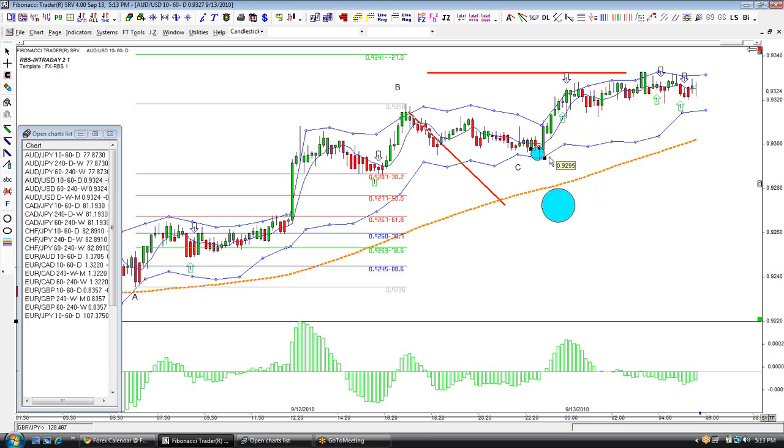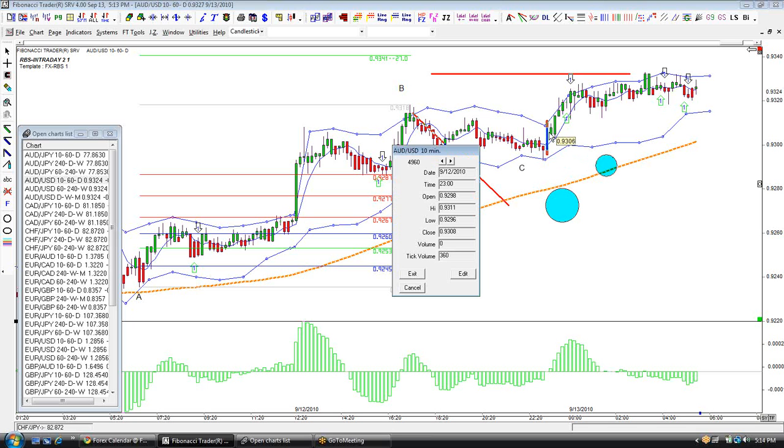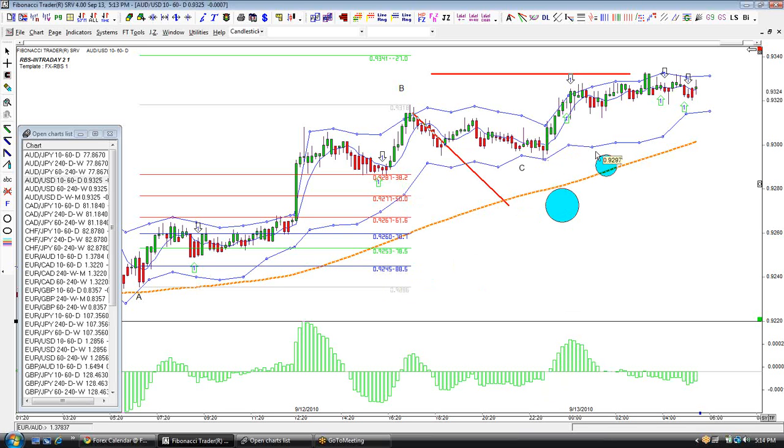So once we know that the swing is finished, the corrective move, the BC swing, we're looking for a bullish signal, where the next candle, the green candle, with the histogram crossing the blue line, well, this is our signal, which means that on the close of this candle, we're entering. So this is our entry.